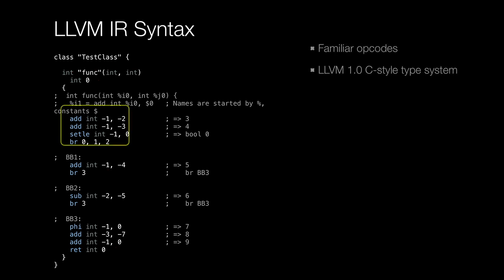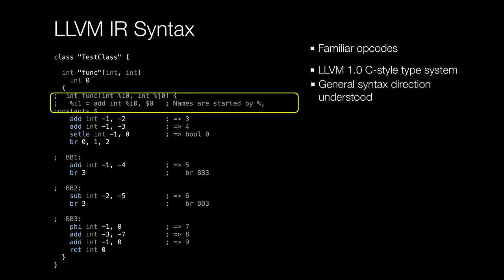If you look up, you can see the operands here, you can see basic LLVM-like operations. The type system lived on until LLVM 2, I guess, which is the C-style type system with signs in the types and stuff like that. Other weird things, so you can see that the desired syntax was understood but not implemented yet.